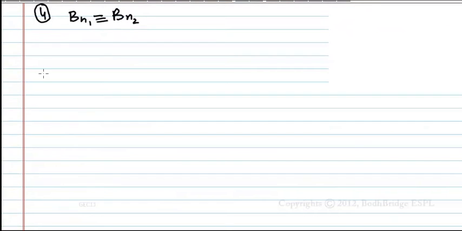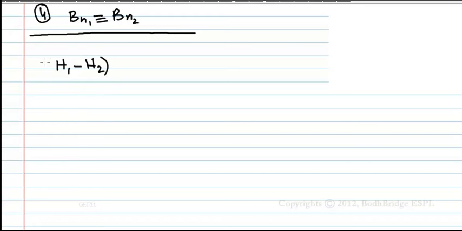The next way of writing the boundary conditions is H1 minus H2 cross n cap is equal to J bar, the current density. Next, E1 minus E2 cross n cap is equal to 0.